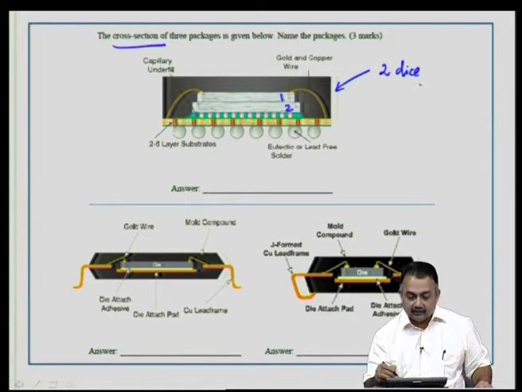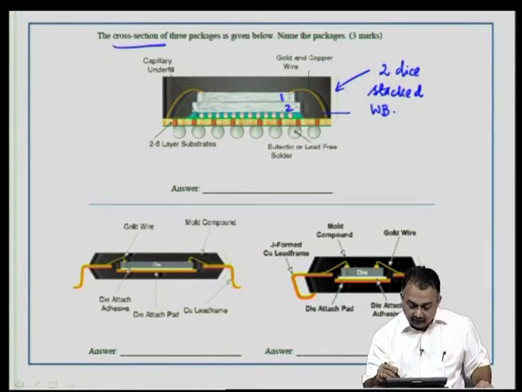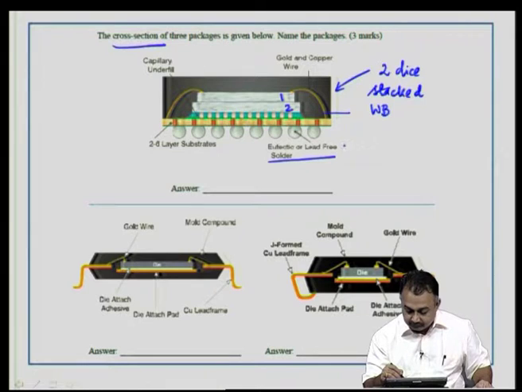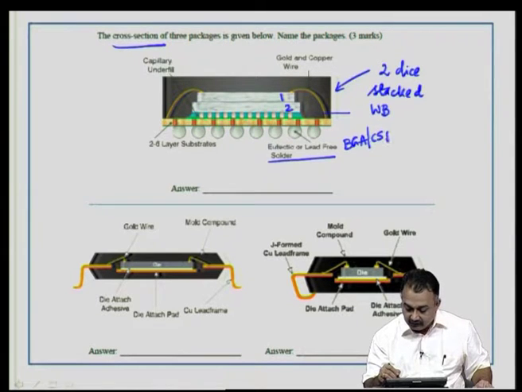They are stacked basically. So, you must know that in this particular configuration the dies are stacked. Then you have wire bond, so this is a wire bonded configuration. Then if you look at the final package to PCB interconnection, it is basically solder balls, and you can call it a BGA or a CSP kind of interconnection.